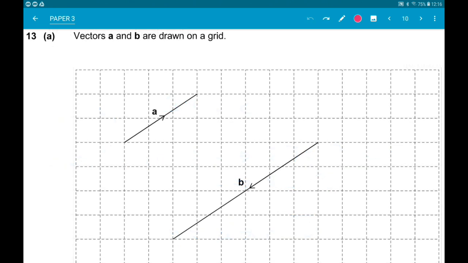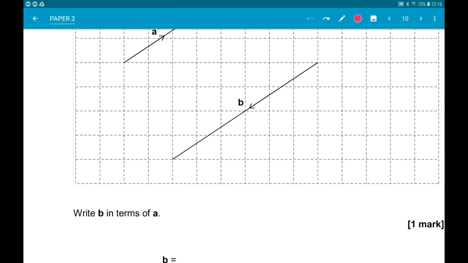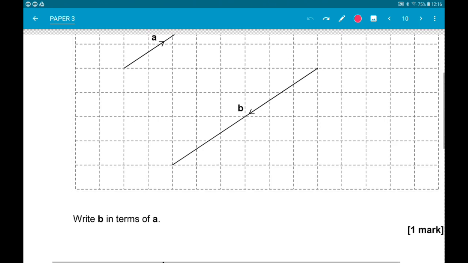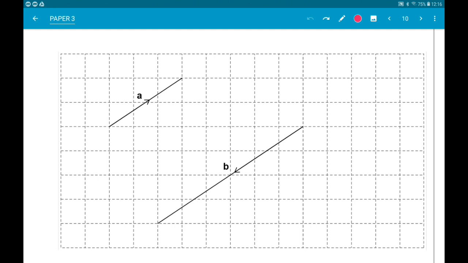Okay, number 13, we have vectors. So vectors A and B are drawn on a grid. Part A wants us to write B in terms of A. Okay, so A is taking us 3 places right and 2 places up. So A is (3, 2).